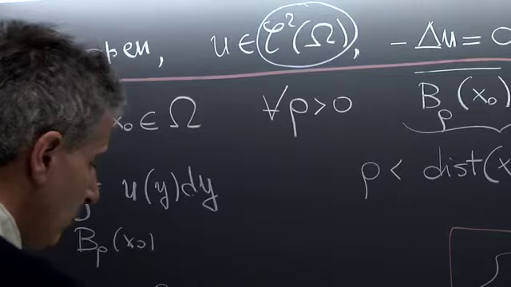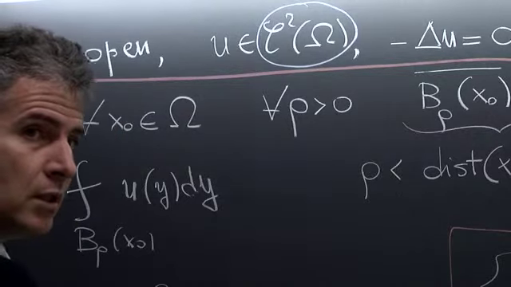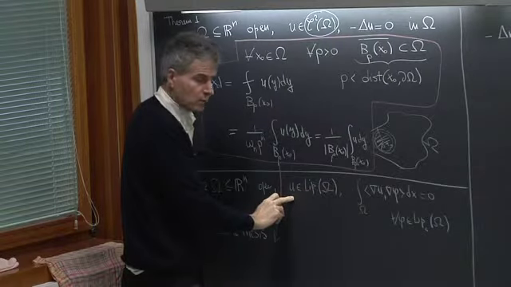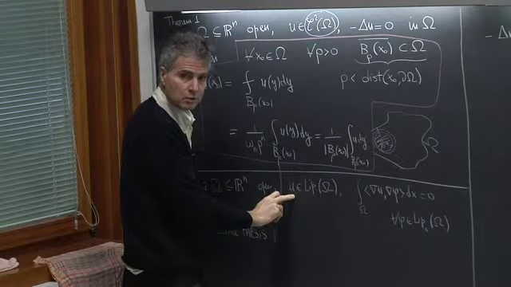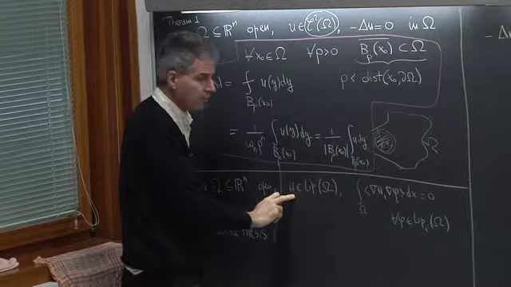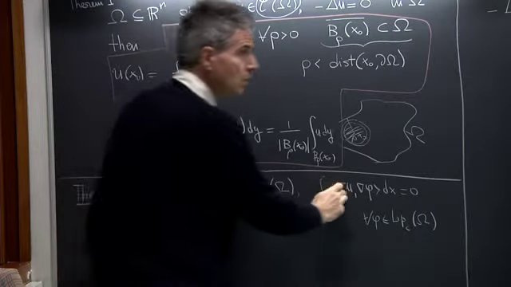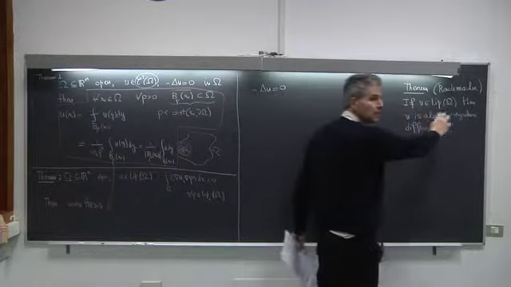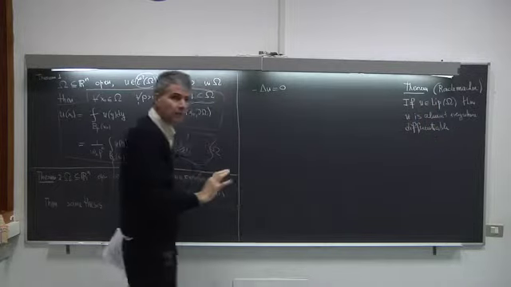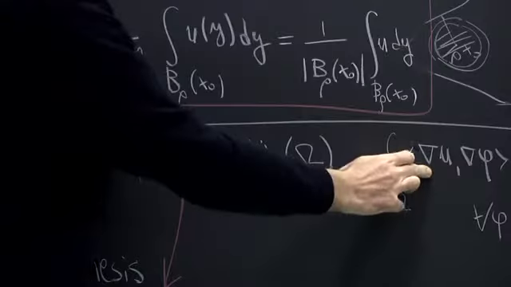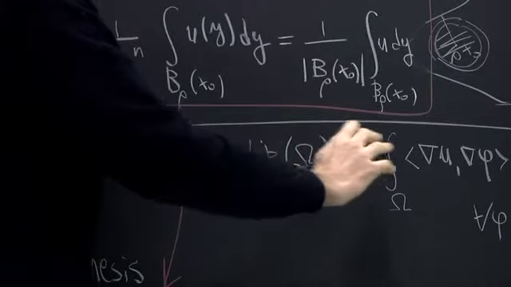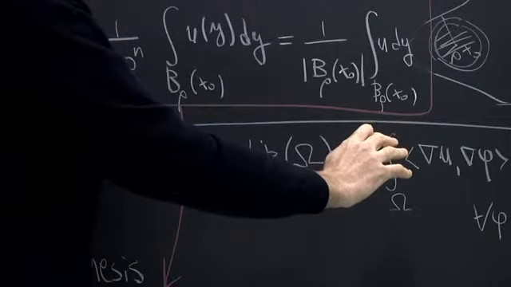On the other hand, we cannot do two derivatives here. We cannot differentiate twice. We can differentiate only once, because of this theorem, Rademacher. But we can never write the Laplacian of u in this hypothesis.